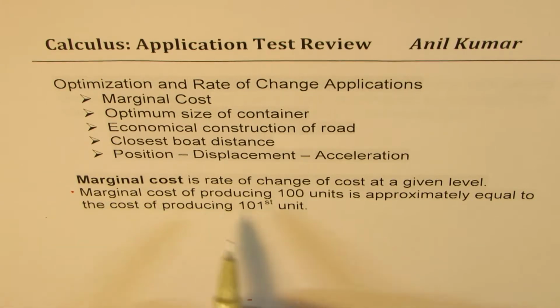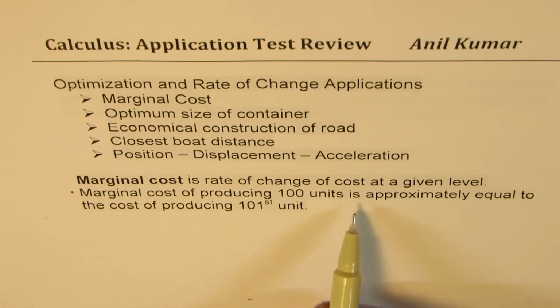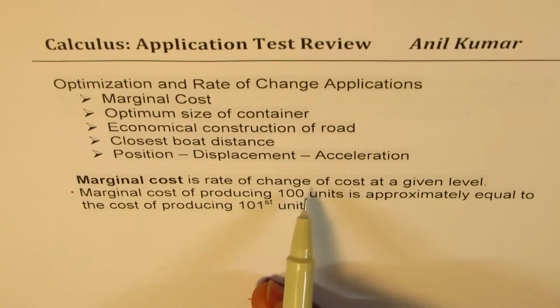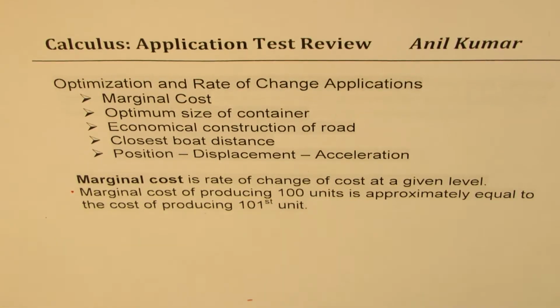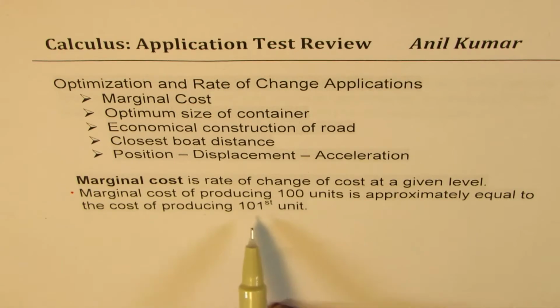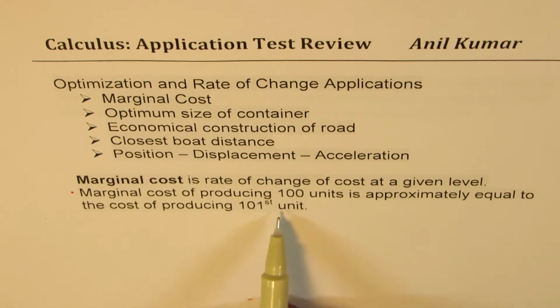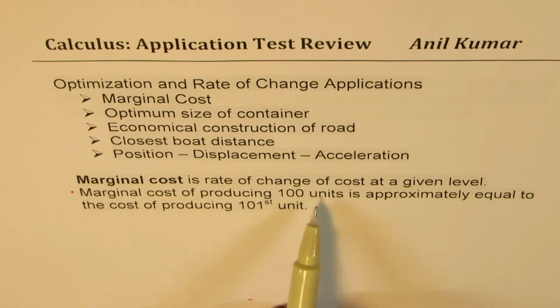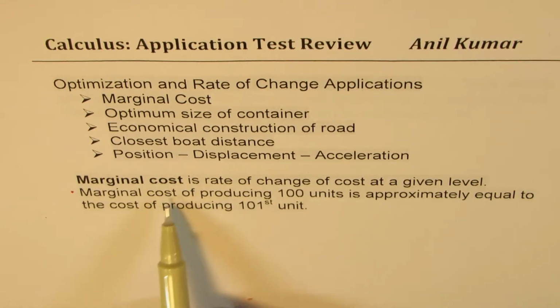Marginal cost of producing 100 units is approximately equal to the cost of producing the next unit, which is 101st unit. So at times in your exam, you might get a question asking for the cost of, for example, 101st unit, then you have to find the marginal cost for 100 units. It really means change of cost.